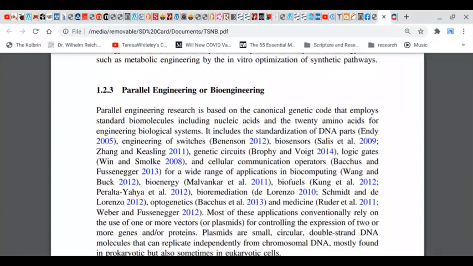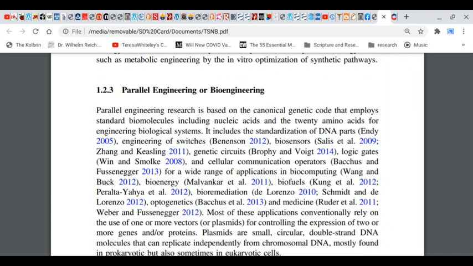Parallel engineering or bioengineering. Parallel engineering research is based on the canonical genetic code that employs standard biomolecules, including nucleic acids and the 20 amino acids for engineering biological systems.